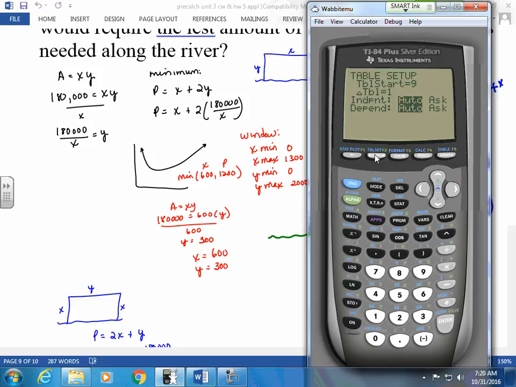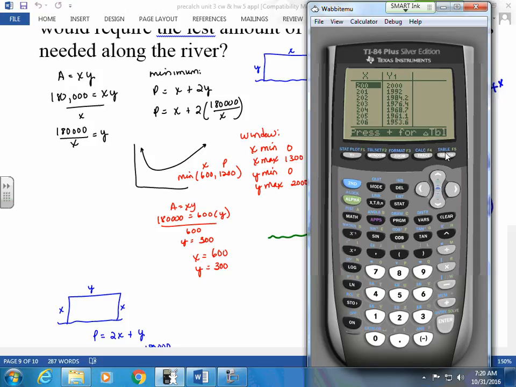Maybe I want to take a look at what the 200 looks like. This is another way to do it. Is the 200 still decreasing? Is my y still decreasing? I'm still going down, right? So maybe I want to go to 400. Get used to playing with your calculator.